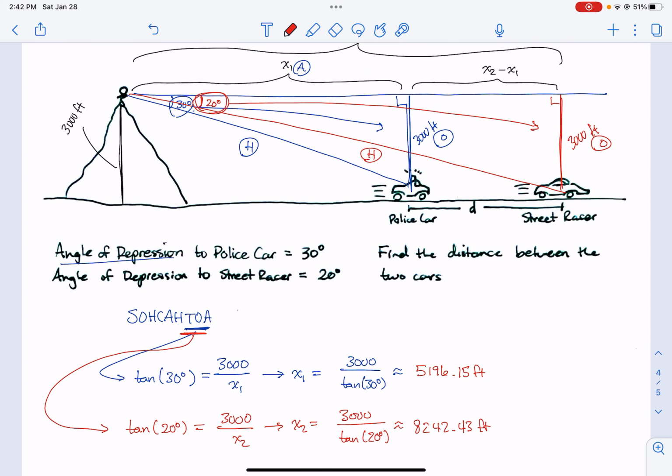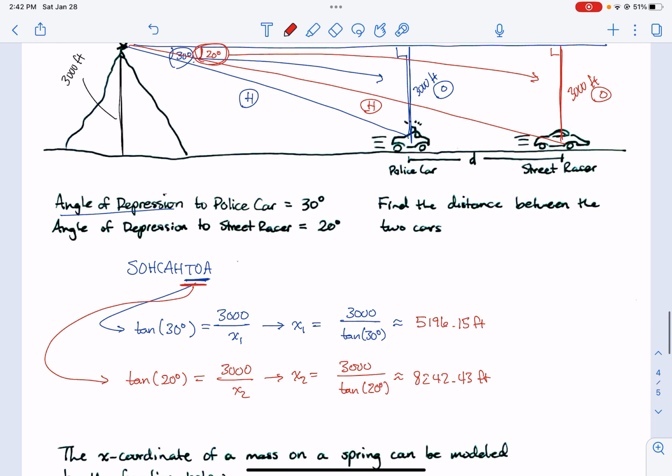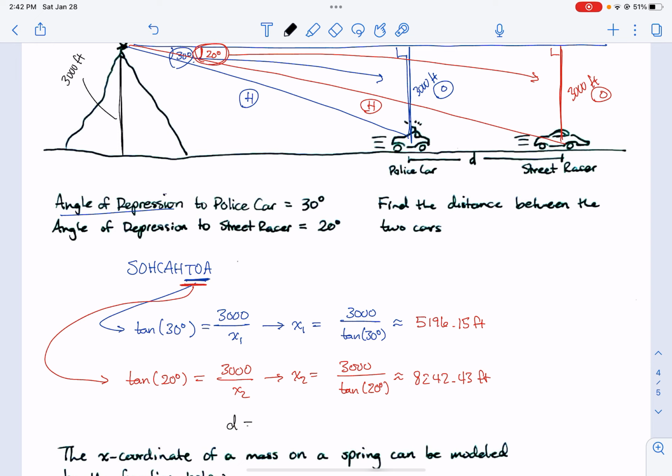You always want to make sure the numbers you're getting at least somewhat fit the picture you're looking at. I'm supposed to get two numbers that are bigger than 3,000 for sure, and the second distance should be bigger than the first. So when I find the final answer, that's going to be D, which is x2 minus x1.